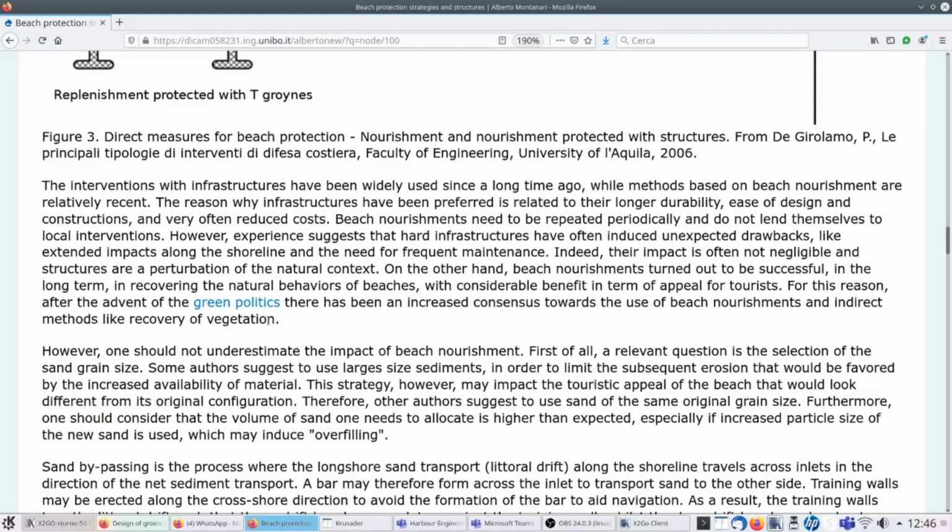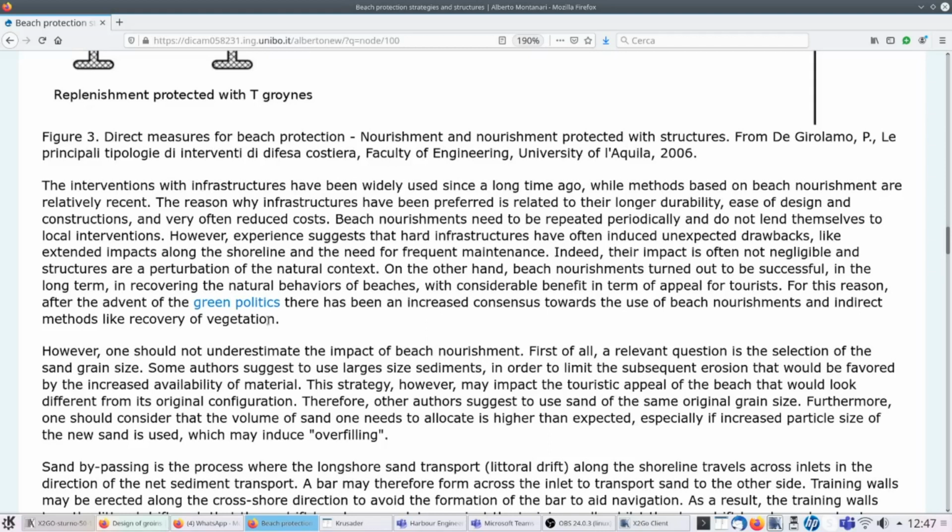Okay, and let's also say something that emphasizes what I already anticipated. The interventions with hard infrastructures were preferred in the past, mainly because when the problem emerged, there were fewer opportunities for alternatives. The problem of beach erosion typically emerged after the Second World War in many Western regions.